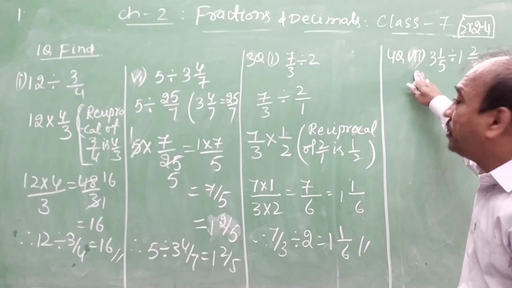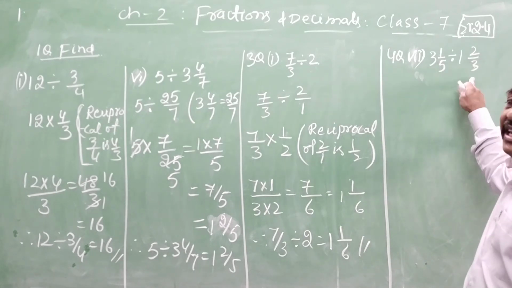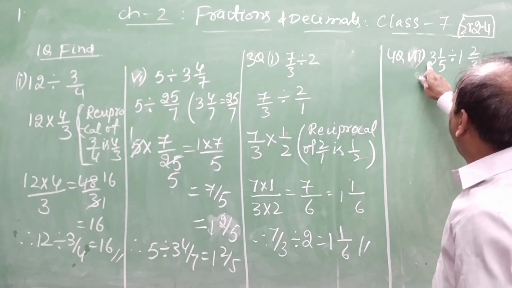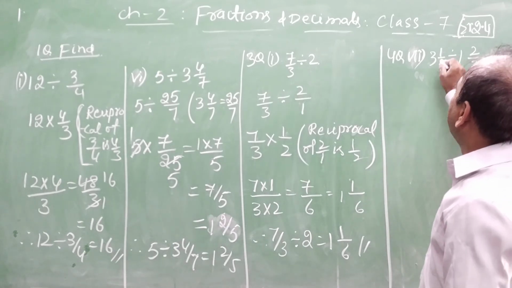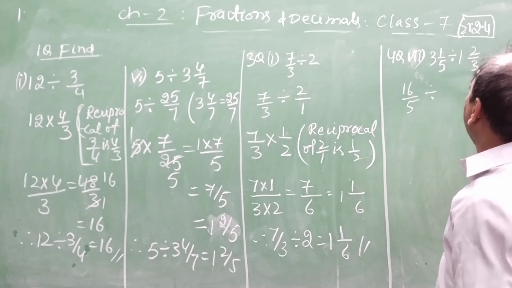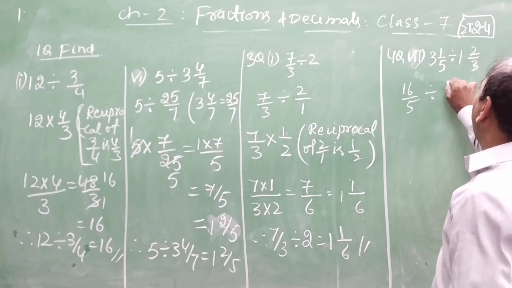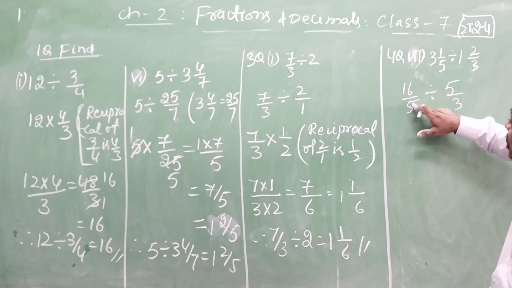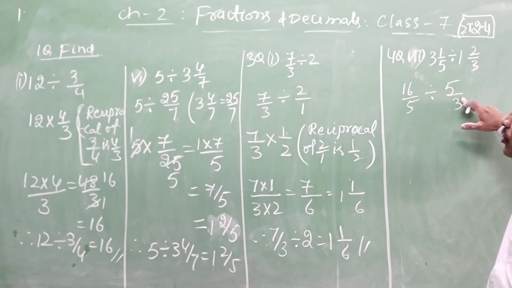Now question number 4. Both are mixed numbers, you see. First convert both into improper. 5 threes are 15, 15 plus 1, 16 by 5, divided by 3 ones are 3, 3 plus 2, 5 by 3. First convert this into improper, convert this into improper.